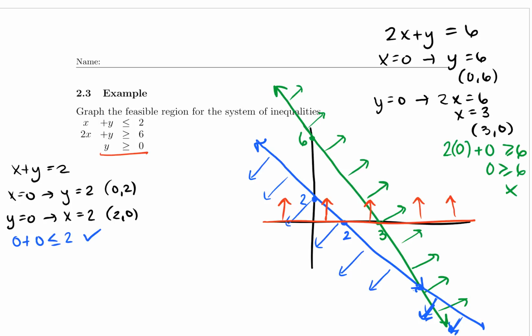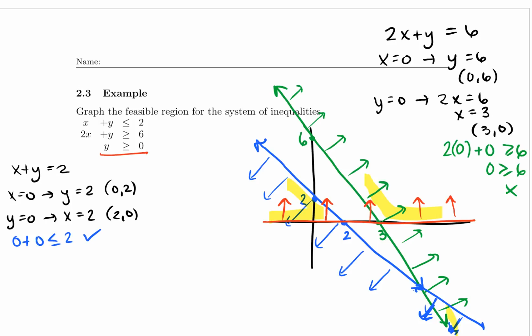So we have regions where two of our inequalities will overlap. So we see that over here in quadrant 1, we have the 2x plus y greater than or equal to 6 overlapping with y greater than or equal to 0. We also have some overlap sort of near the origin, right, between the blue and the red regions.